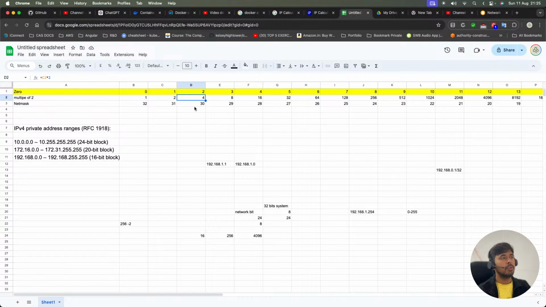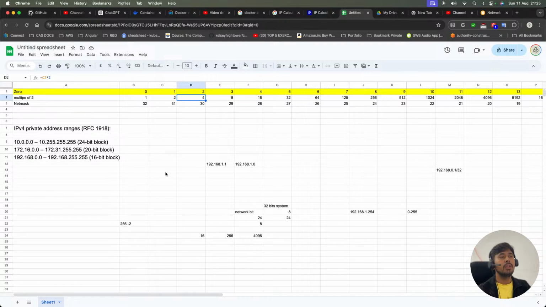But if you get rid of two, because one becomes the network IP address and one becomes the broadcast, only two IPs are available here. For 8 minus 2, the total 6 IP addresses can be used here. Here 14, here 30, here 62, here 126, here 254.